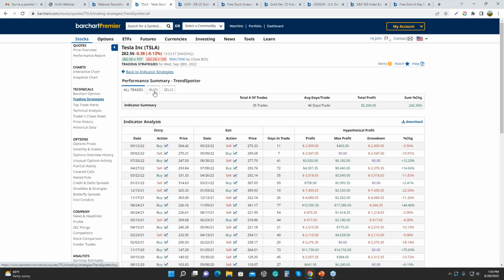Remember, it might take a long time to get a reverse signal, and maybe with risk management, you would have been out of the trade a long time ago, maybe even for a profit versus a loss. So just be careful when you do your back testing or use this information, that this is just a reversal entry system and there's no risk management. Okay. All right.